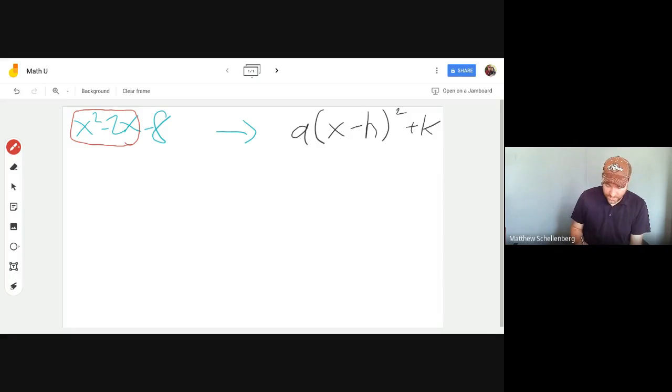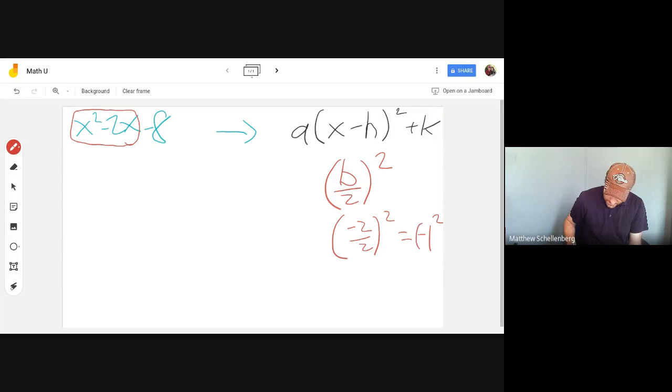So completing the square here would mean that you divide the b by 2, and then you square that. And in this case, the b is negative 2. And so that would give you minus 1 squared, which of course is positive 1. So what you need to complete this square here is you just have to add 1.